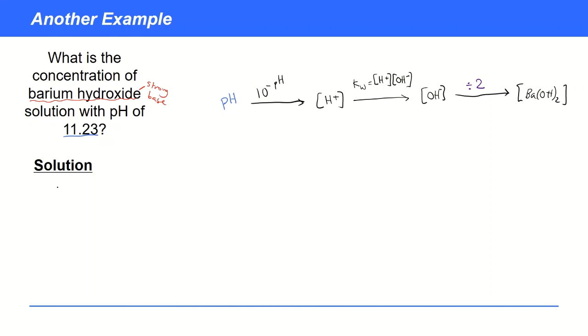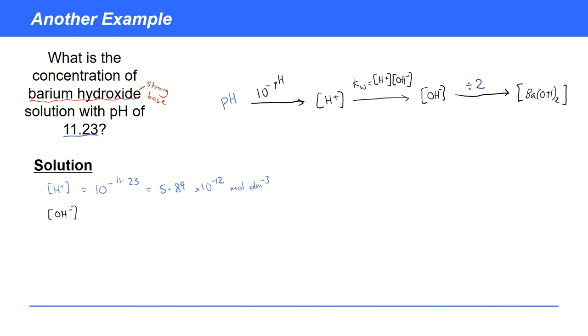You may want to have a go yourself. So we've got the H+ concentration is 10 to the minus 11.23. Turns out to be 5.89 times 10 to the minus 12 moles per decimeter cubed. We carry that over to find the OH- concentration.